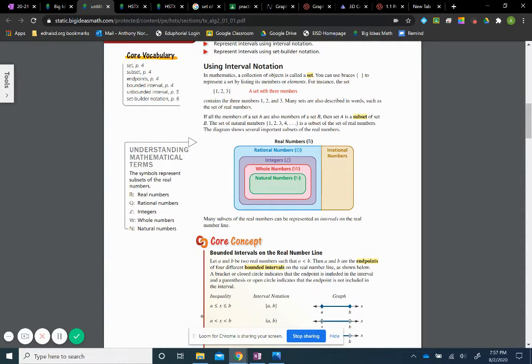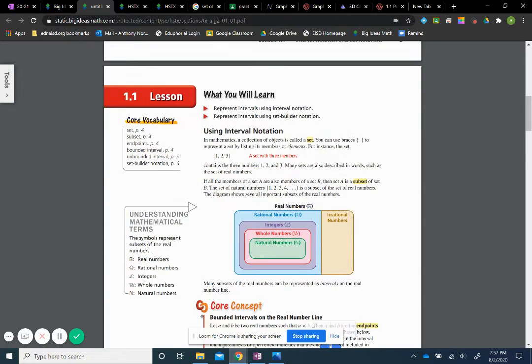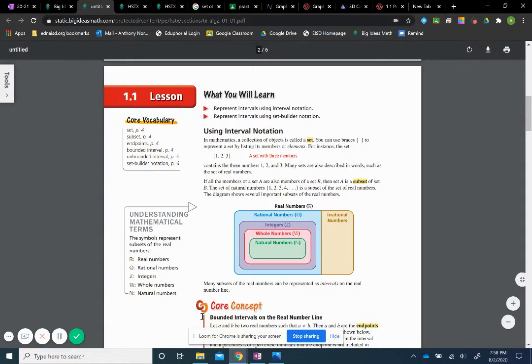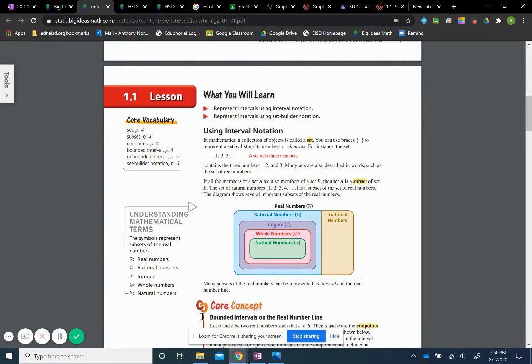If you look, we have the real numbers, and all the things inside of here are subsets of that. So we have the big set, real numbers. Then we have two subsets of that. Ignoring the irrational numbers, the rational numbers are a subset of the real numbers, and the integers are a subset of the rational numbers, and the whole numbers are a subset of the integers, and the natural numbers are a subset of the whole numbers. And then 1 is a subset of the natural numbers.